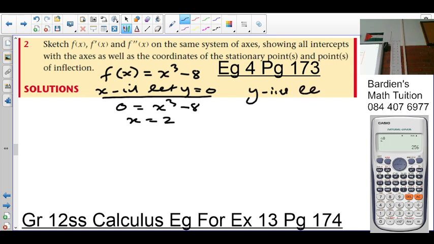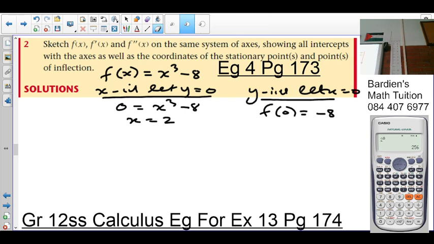Y-intercept, we let x equal to 0. So we get f of 0 is equal to negative 8. So what we work out now is the turning point. So f prime x, not double dash, but f dash x, f prime x is equal to 3x squared.